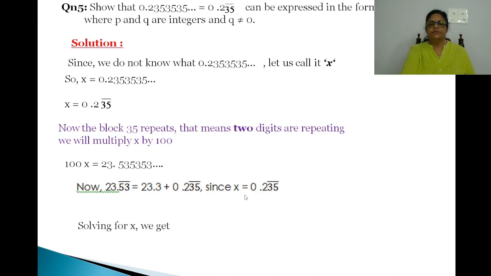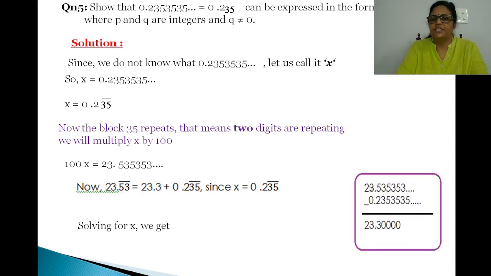Since x is equal to 0.235 bar, we will write 100x, that means 23.535353 etc., that is 23.53 bar, on the right hand side as 23.3 plus 0.235 bar. From where did we get 23.3? We subtracted 0.235 bar from the left hand side.